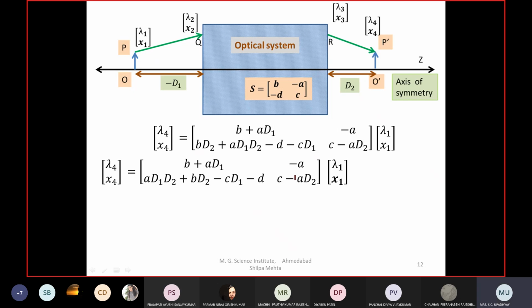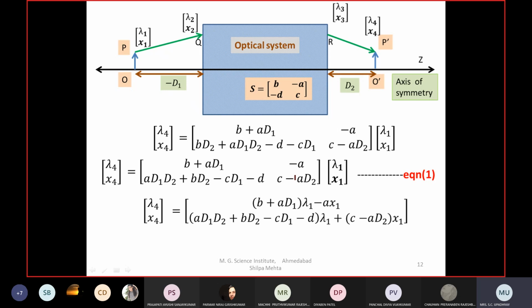So this is our matrix. We call this as equation number 1. That matrix operate on lambda 1 x1, we get lambda 4 x4.